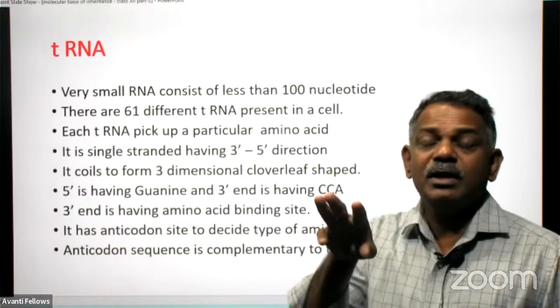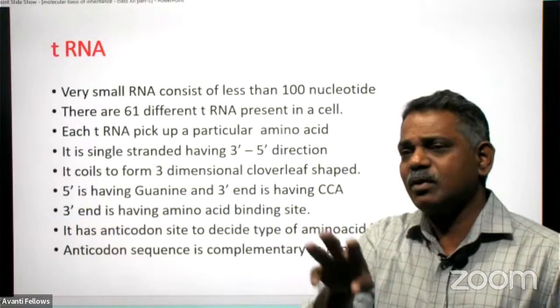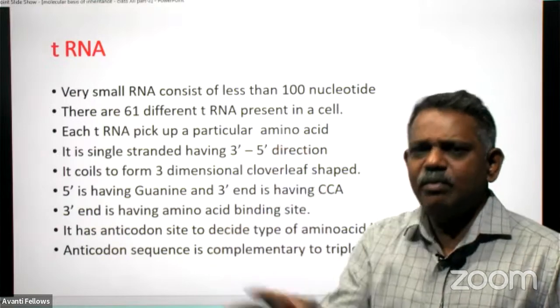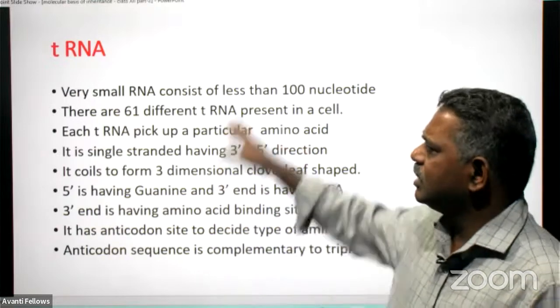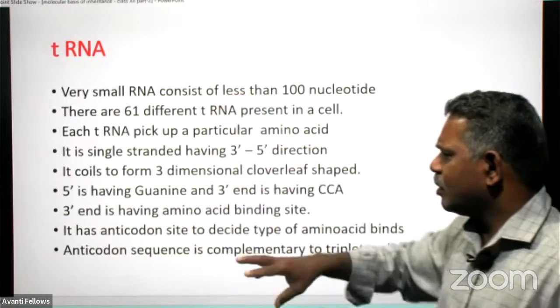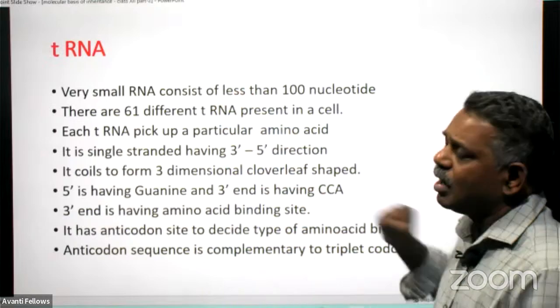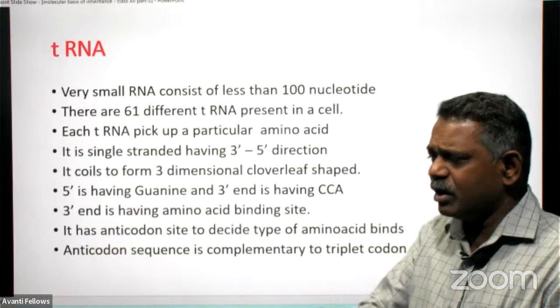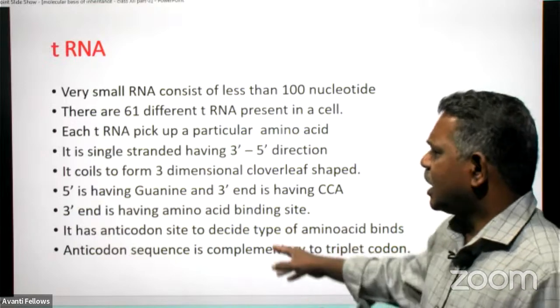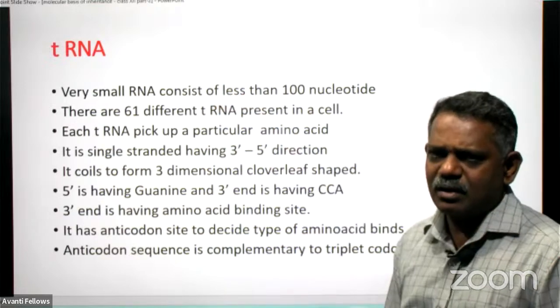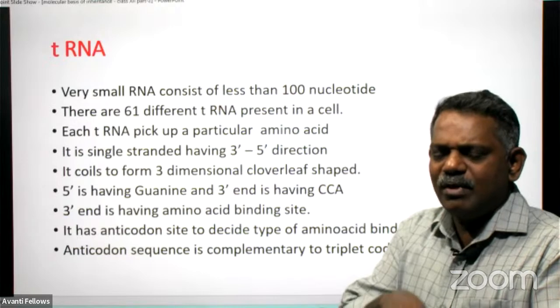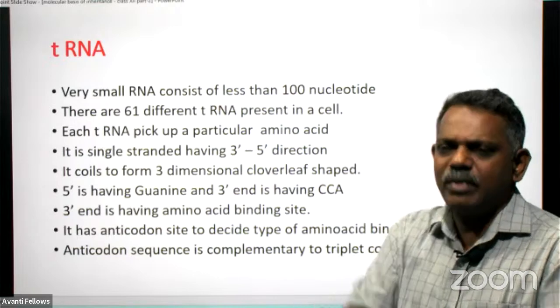According to the sequence of triplet codons, amino acids will be placed one after another by the tRNA. Codon and anticodon sequences are complementary: the triplet codon is present in the mRNA, whereas the anticodon is present in the tRNA. The triplet codon gives the message about what type of amino acid should be carried.